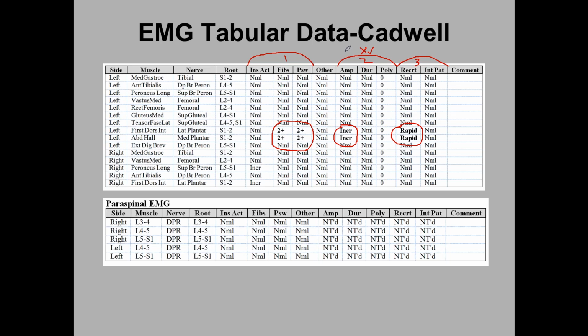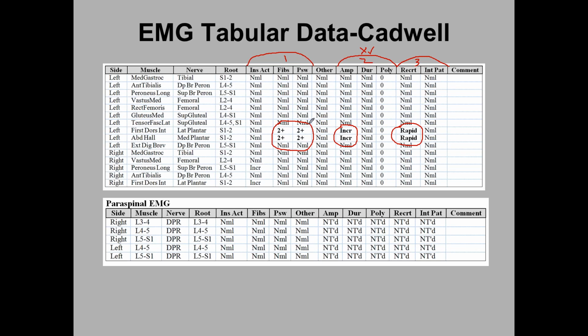Collateral sprouting or axon regeneration. That's right. Now, recruitment certainly could be rapid in an acute or active process, but we wouldn't expect to see morphologic changes occur in the first month or two, right?